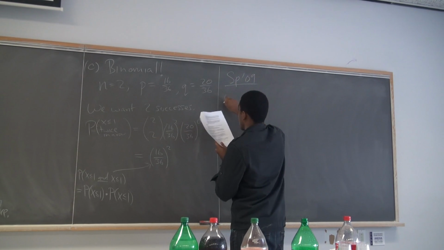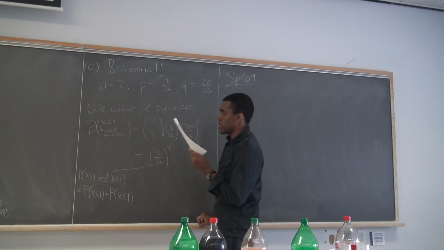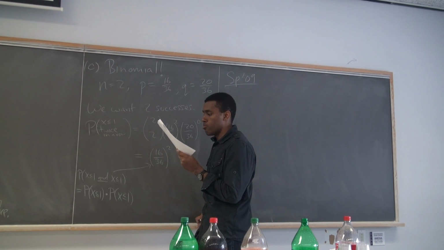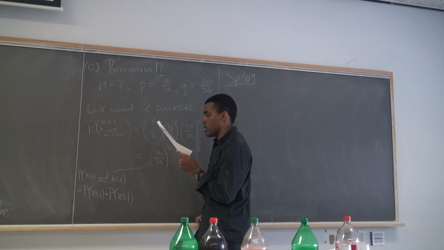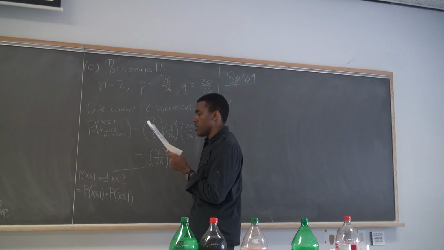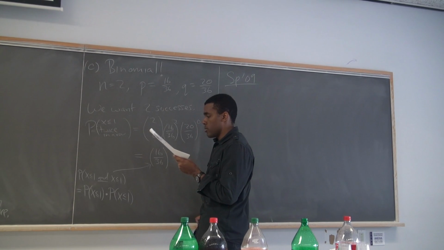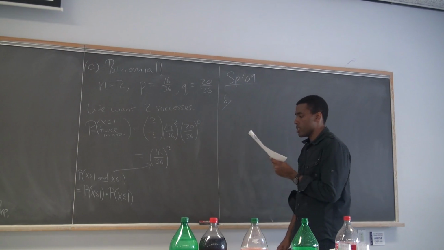Number 6. In a discount supermarket, it is found that 60% of the sales are for less than $40. Find the probability of the following events. Part A: 3 randomly selected sales are each for less than $40. Part B: at least one of 3 randomly selected sales is for less than $40. And part C: 9 or more of 11 randomly selected sales are for less than $40.